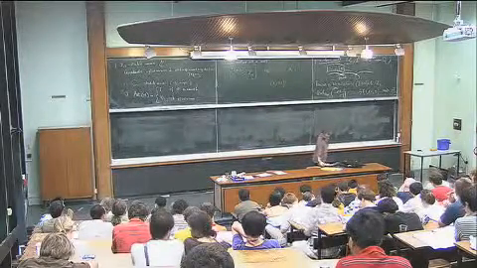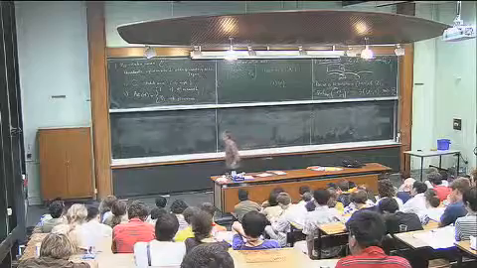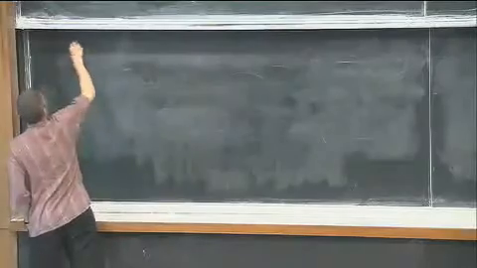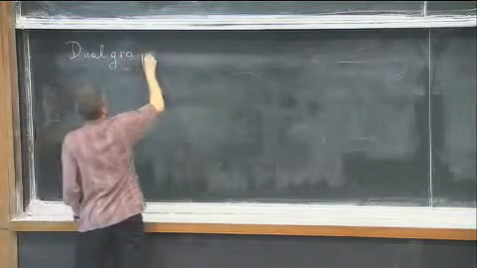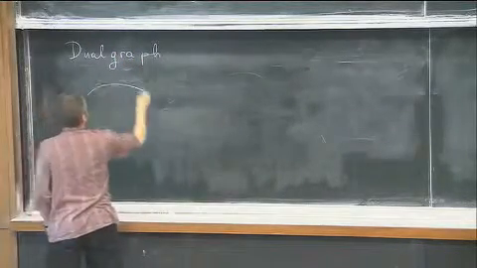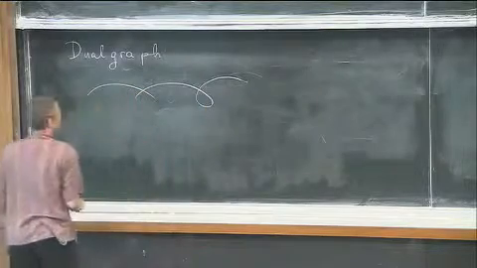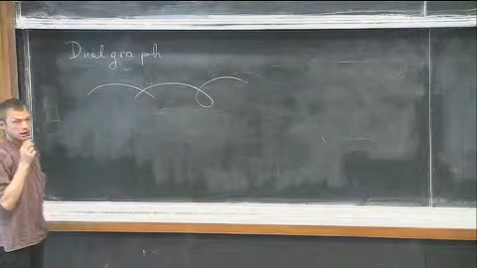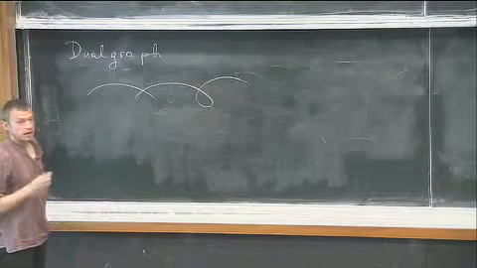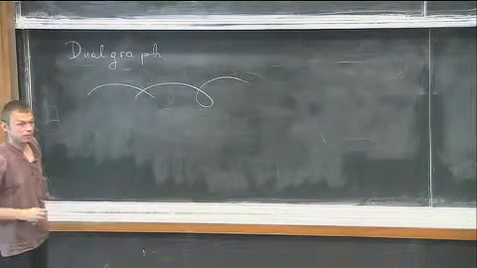Okay, so dual graphs. Now, if you look at this curve that we have over there, then the dual graph for you is a graph that has as many vertices as the irreducible components.